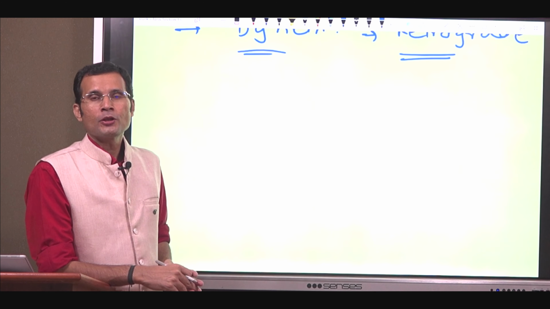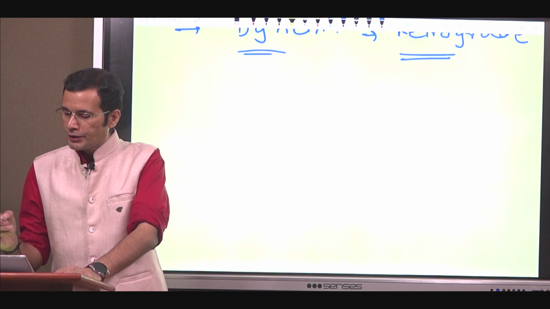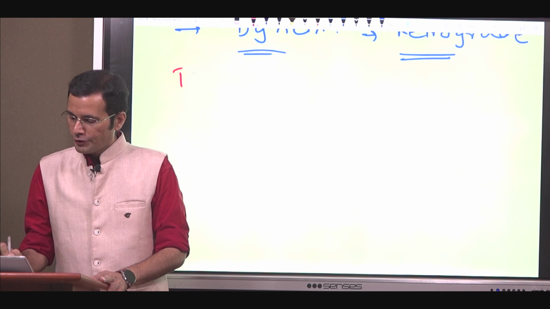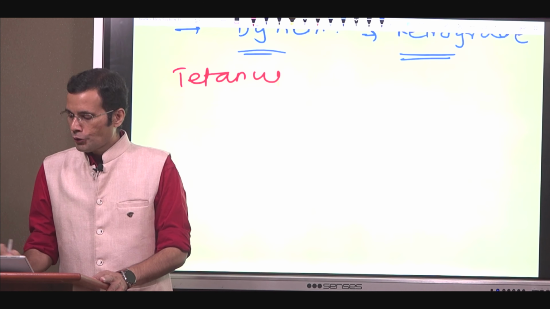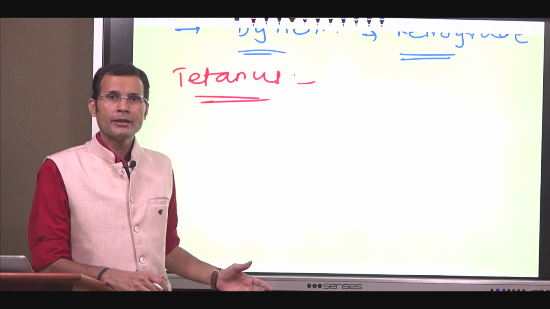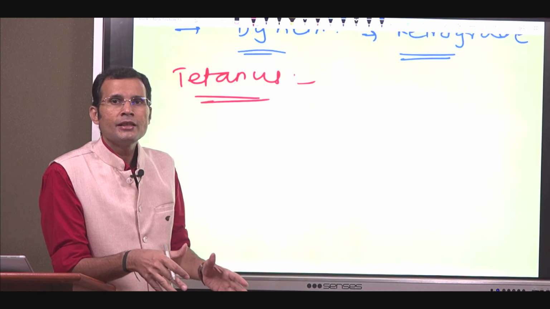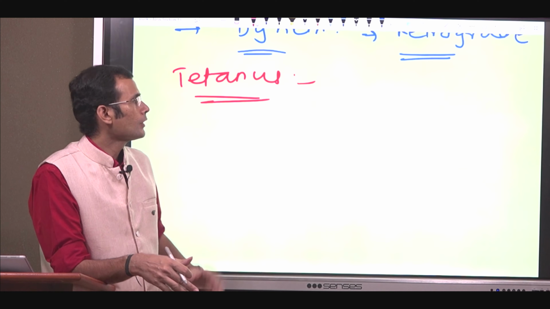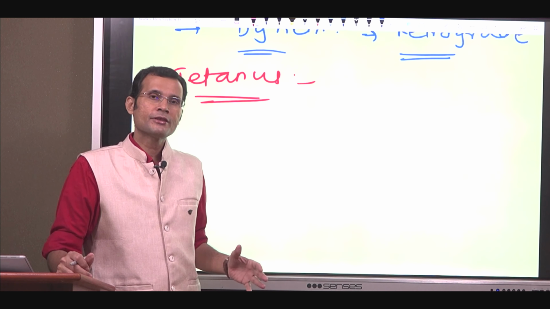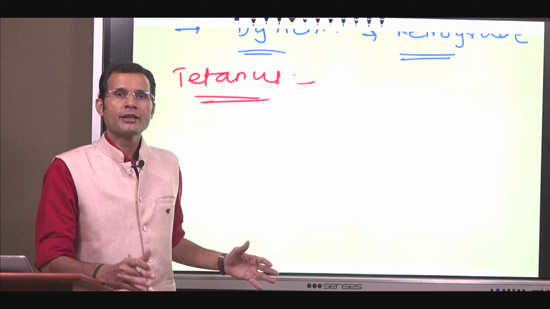Let's take the example of retrograde axonal transport, and the well-known example is that of tetanus. Tetanus is the disease caused by Clostridium tetani bacillus, and either the bacillus or its toxin is responsible for the manifestations of tetanus in the form of excessive muscle contractions.